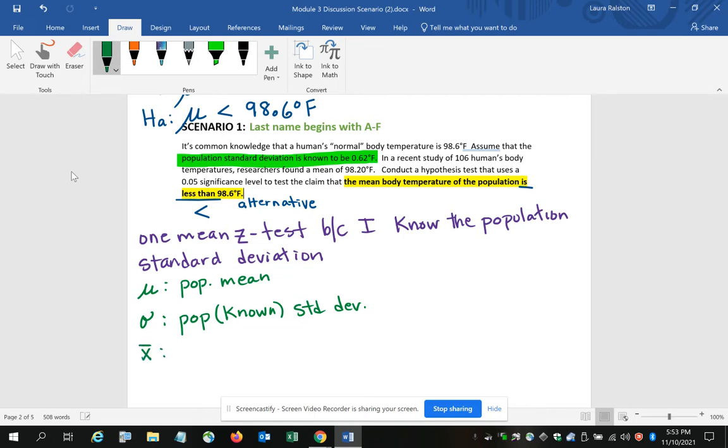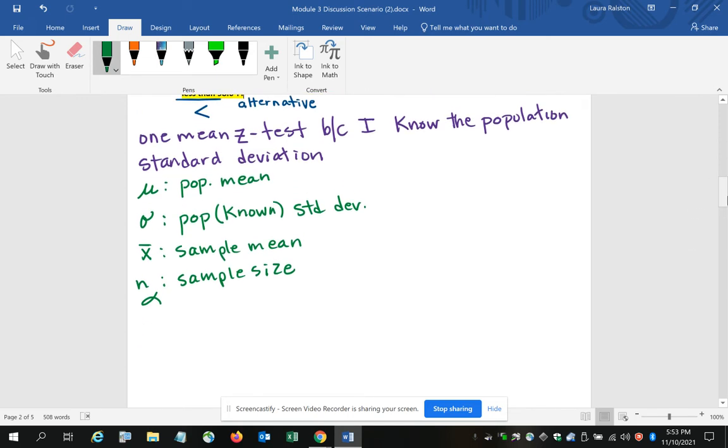I need the sample mean. I need the sample size. And I need the level of significance. And all of that information is given to me in my scenario.